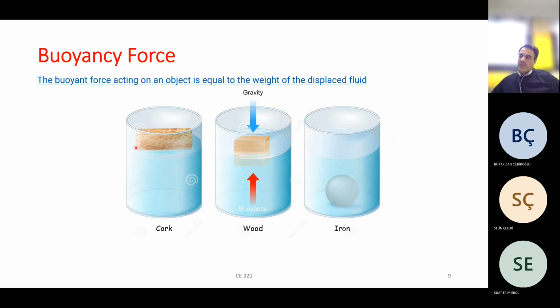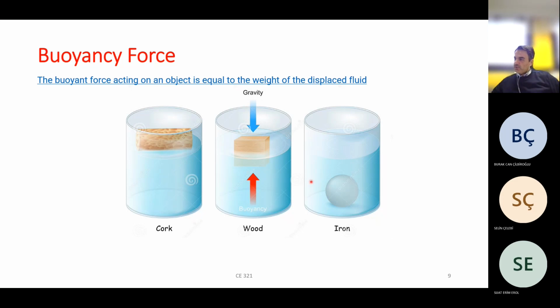But we also have the buoyant force acting on an object, which is equal to the weight of water displaced. For example, if this tank is full at the beginning, when you put some object into the water, some of the water will move out. And the weight of that displaced water is called buoyant force or buoyancy force.